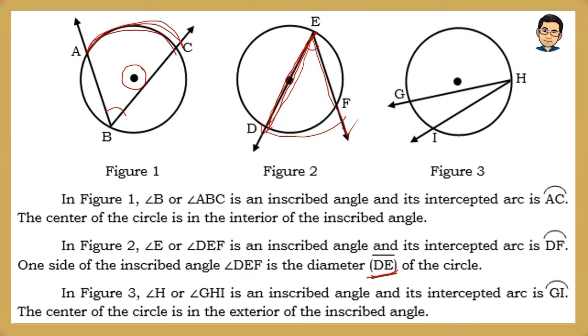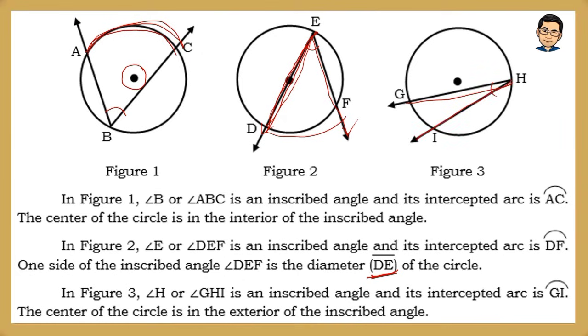Next, in figure 3, angle H or angle GHI is an inscribed angle and its intercepted arc is arc GI.